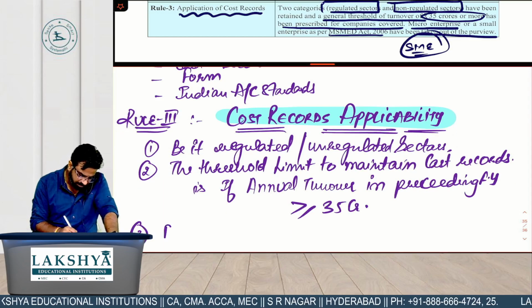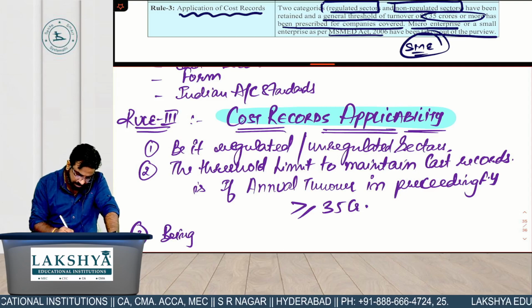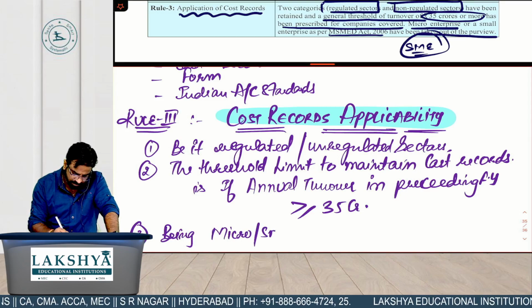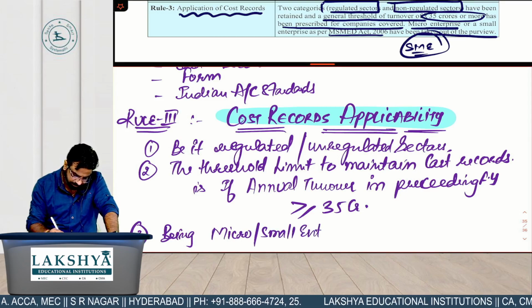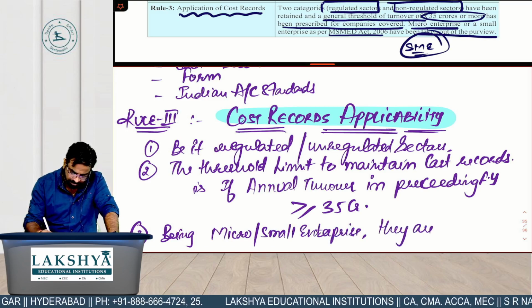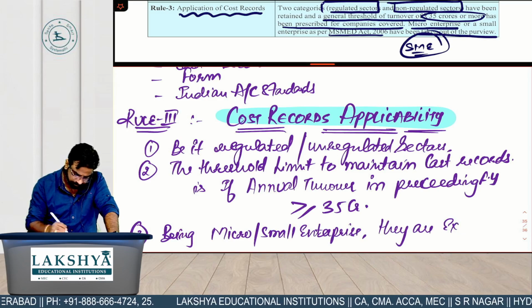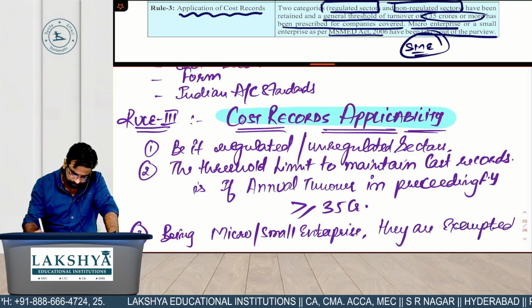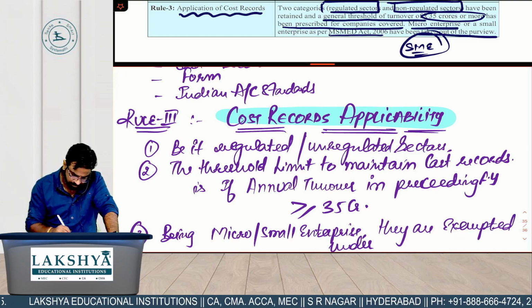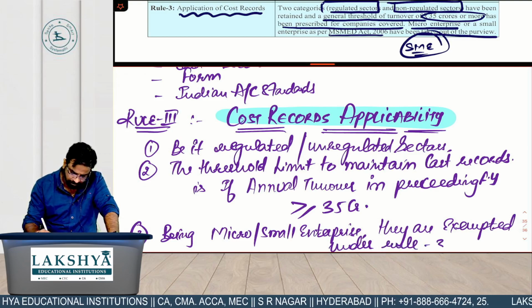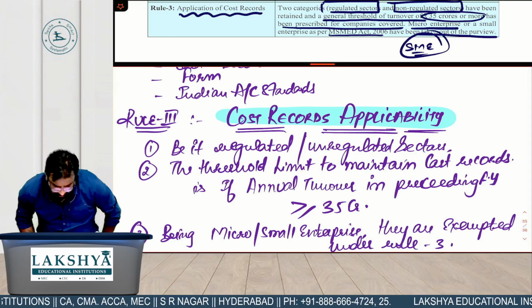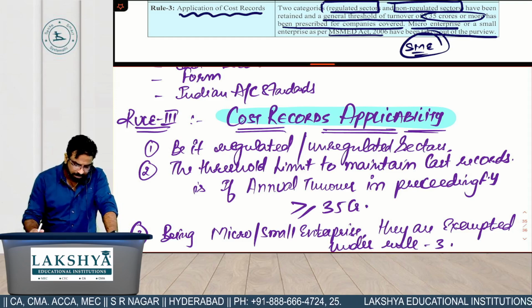Third, being a micro or small enterprise, they are exempted under Rule 3. They are exempted under Rule 3. Okay.